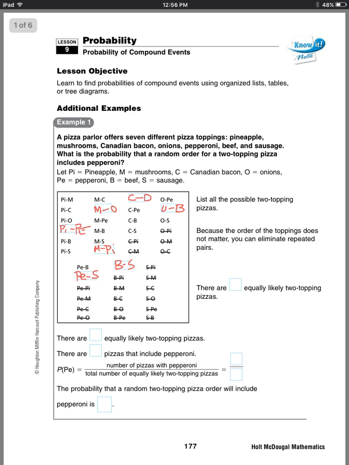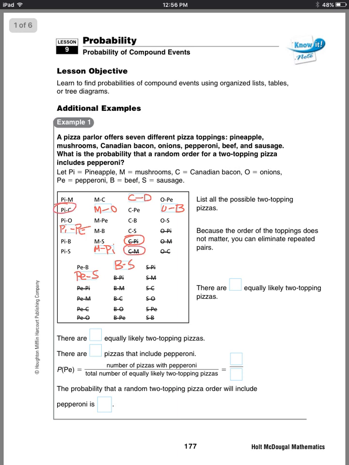They went through and crossed out all of our repeats. Because order doesn't matter, they had Canadian bacon pineapple here, but they also had pineapple Canadian bacon there, so they crossed one of them out.